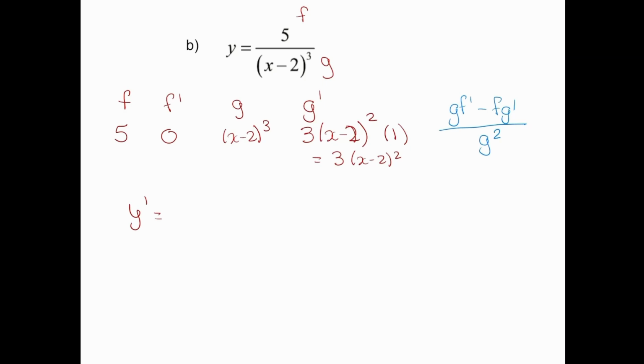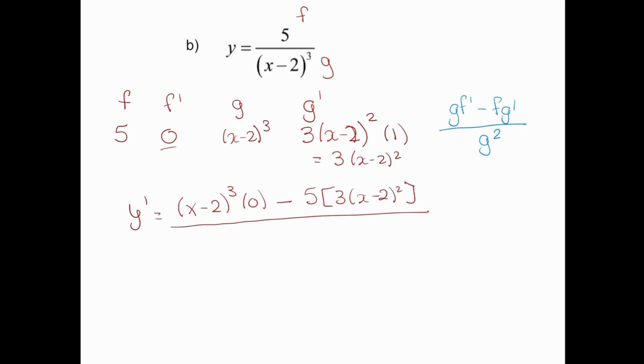My low is x minus 2 cubed times the derivative of my top, which is 0, minus my top, which is 5, times the derivative of the bottom, which was 3 times x minus 2 squared, all over my bottom squared.